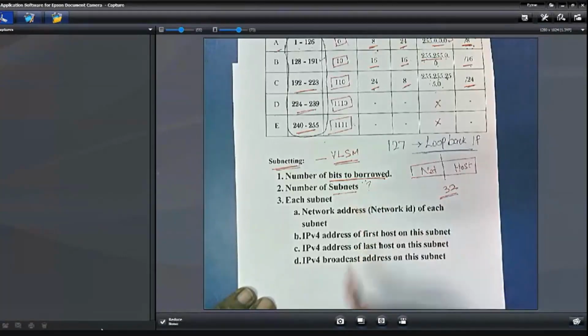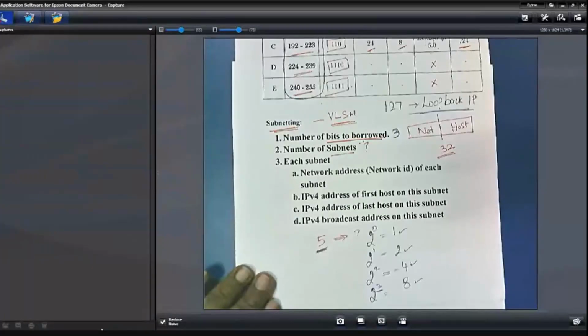So, number of subnets needed. For example, I need 5 subnets; for that, how many bits to be borrowed? You must know how to do it. So this is based on the number of subnets needed.